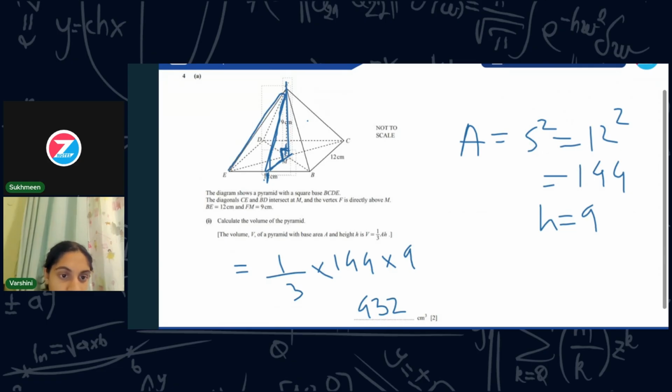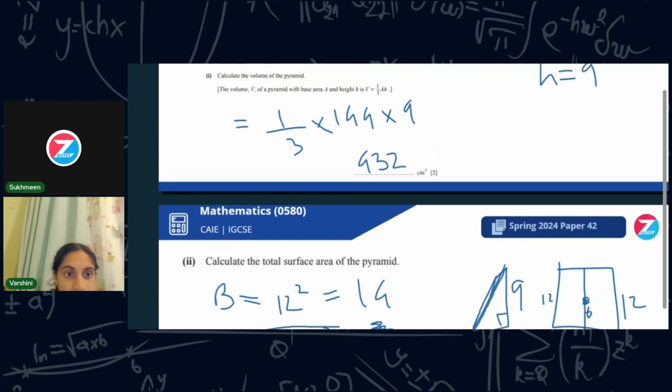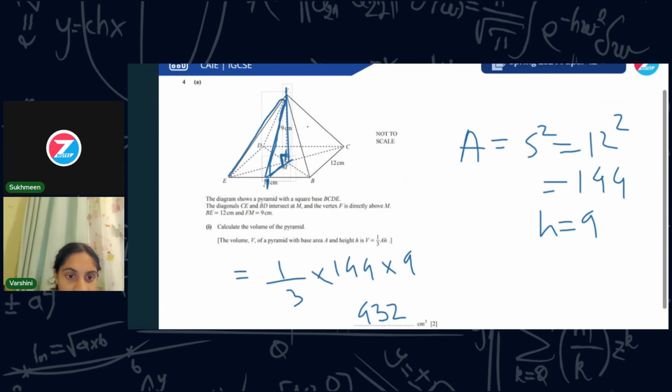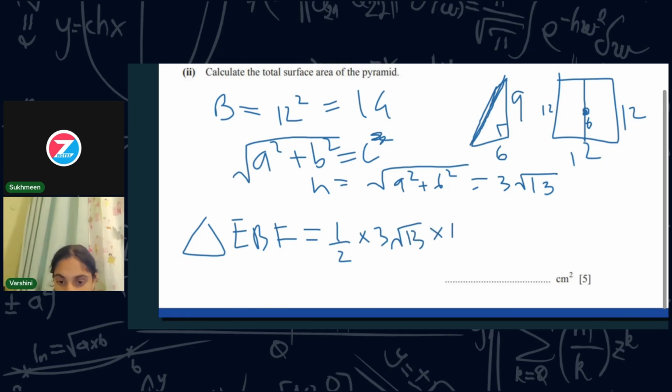So we have this height of this triangle, and we also have the base here, which is 12. So the area of triangle EBF is going to be equal to half into h into b, where h we just calculated as 3 root 13, and b as 12.